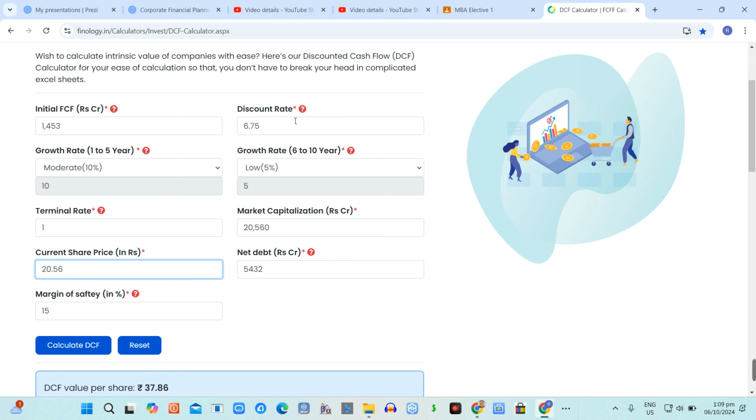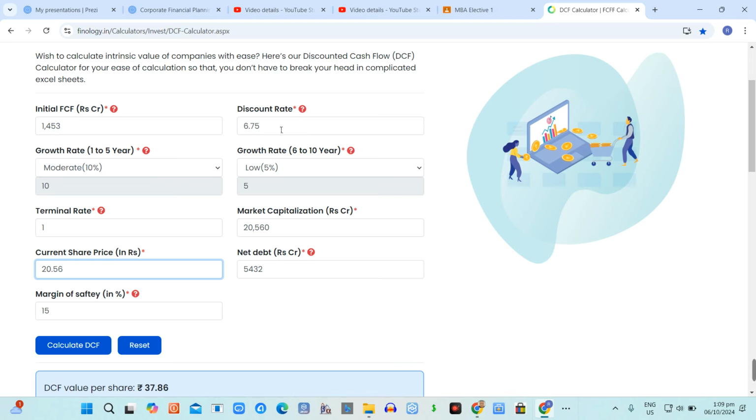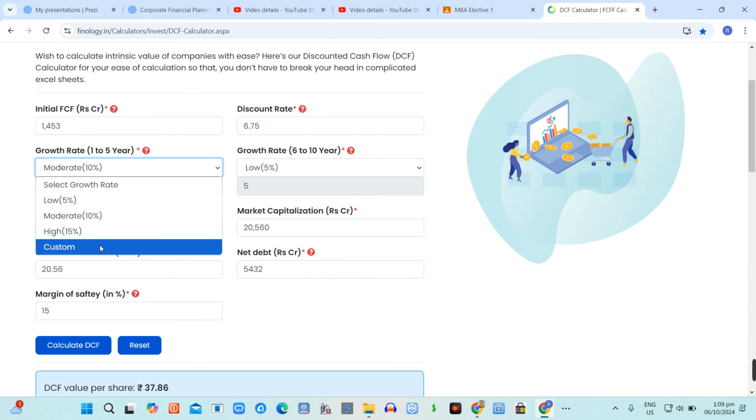This one will change depending on the investor's rate. So this is the 6.75 because that is the return rate of the 10-year bond rate. So that is actually our risk rate. Then the growth rate will also change depending on what you think will be the growth rate of the company. You can customize it even.